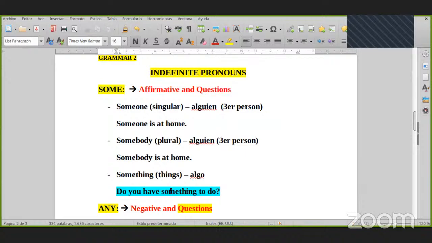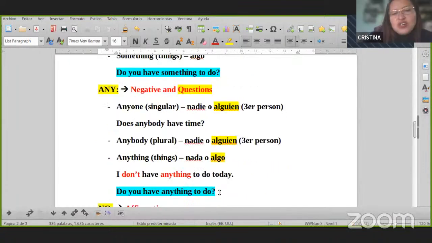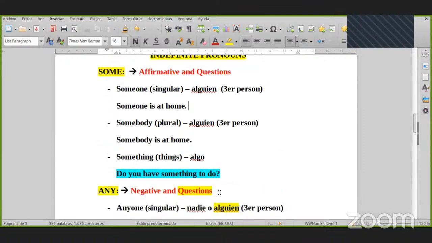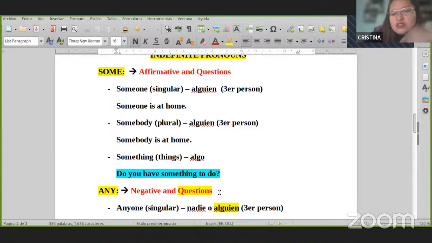Affirmatives like here and questions here: do you have something to do? In this case, pets are considered something, things. Something could be like plants, animals, any object or any animal, okay?